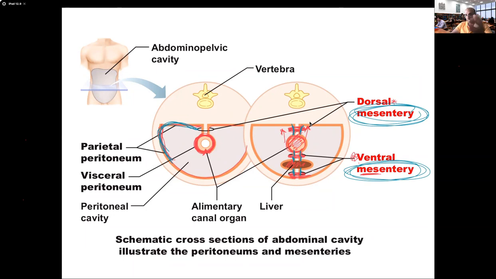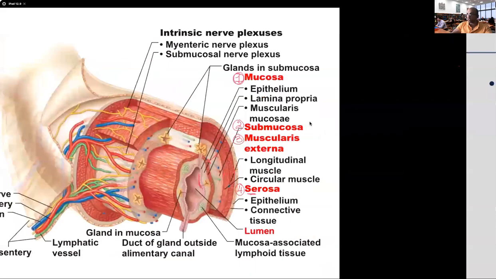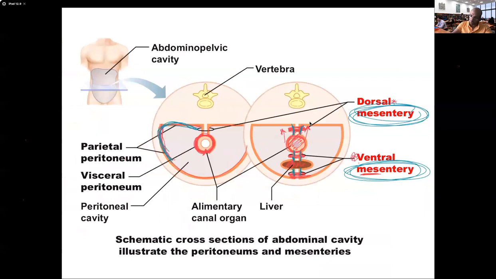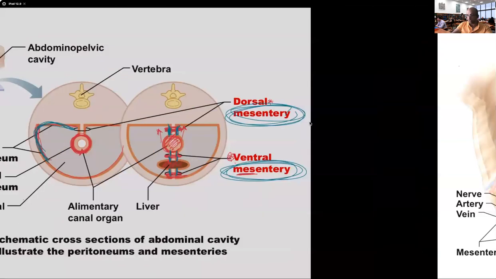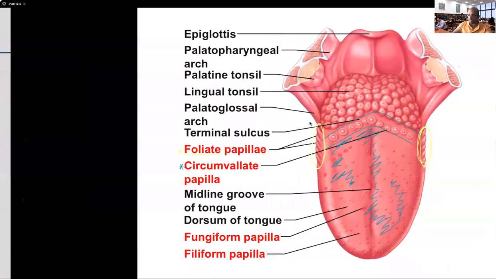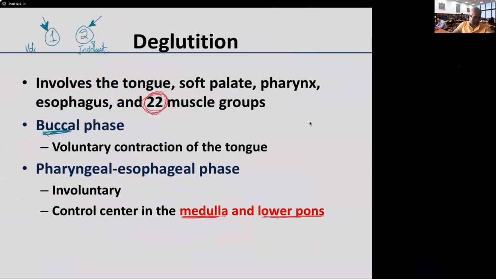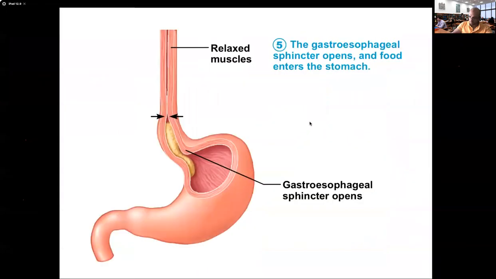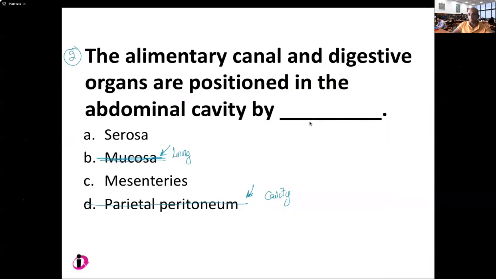All right, so again, what is holding the abdominal organs in the abdominal cavity? The mesenteries.